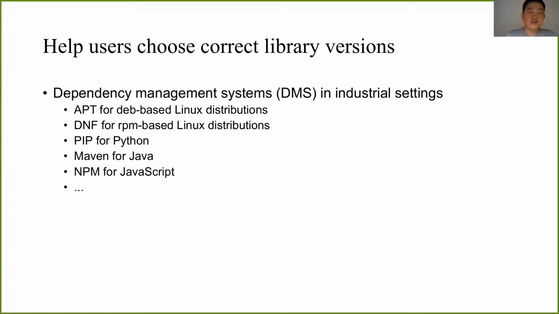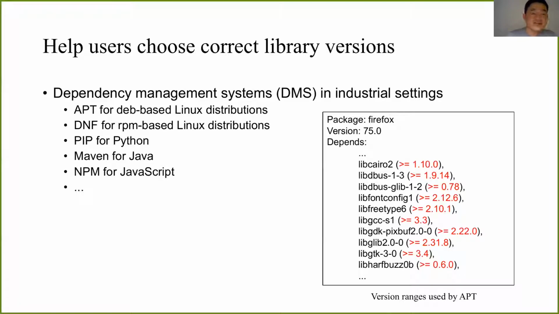In industrial settings, there are dependency management systems like APT or DNF for different Linux distributions. These systems can help users resolve library dependencies. For example, APT defines the library versions required by each application.